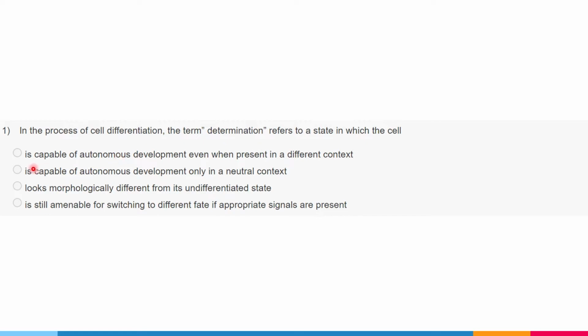So the options are: the term determination refers to a state in which the cell is capable of autonomous development even when present in a different context, capable of autonomous development only in a neutral context, looks morphogenically different from an undifferentiated cell, and is amenable to switching to a different fate if appropriate signals are present. I would request anyone trying to answer this. So Muliani says it is A, that is, it is capable of autonomous development even when present in a different context.